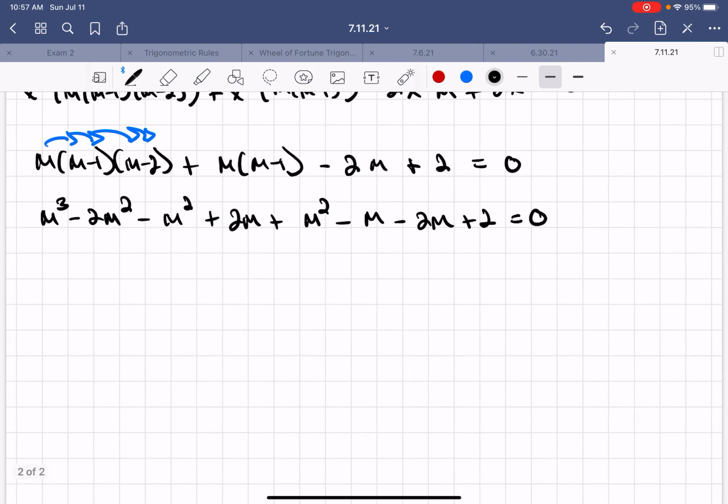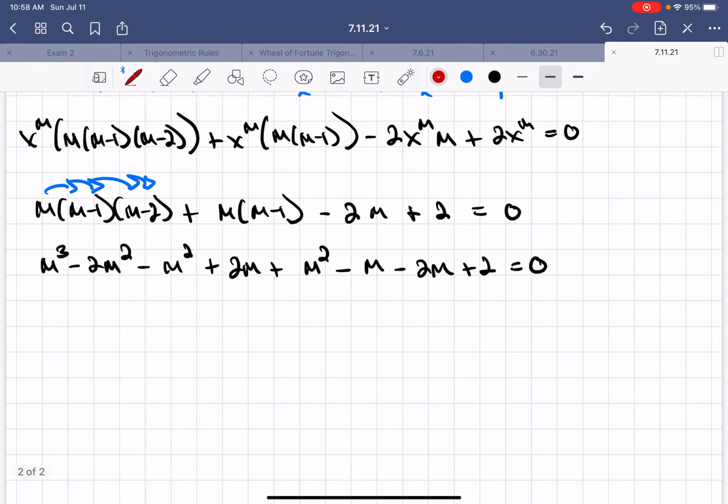Now from here we can cancel out a few things. We have m squareds, those will cancel out. These will also cancel out. So we're left with m cubed minus 2m squared minus m plus 2 equals 0.